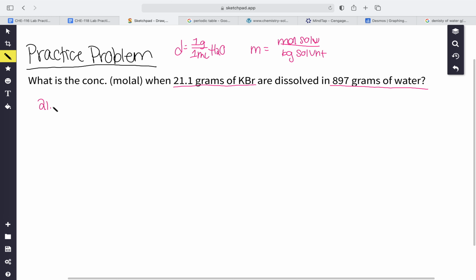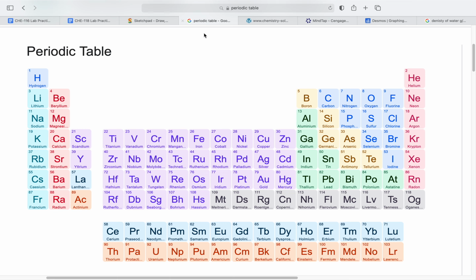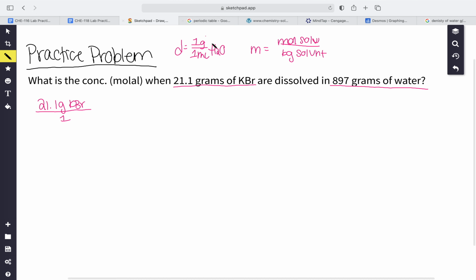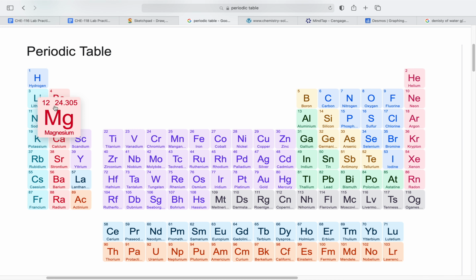Okay, so first let's figure out the moles of KBr that's added. So we have 21.1 grams of KBr. I'm going to actually pull up the periodic table for this. So it's just KBr. There's no subscripts, right? It's a K and Br. Yeah, no subscripts there. Okay, so let's add those two molecular weights together. So we have 39.098 plus 79.904, and we'll get 119.